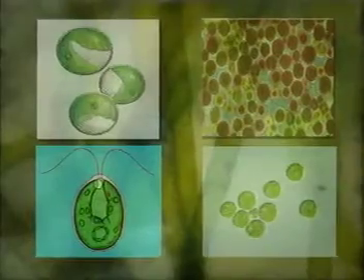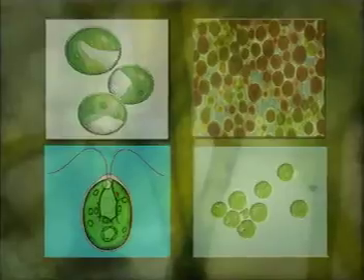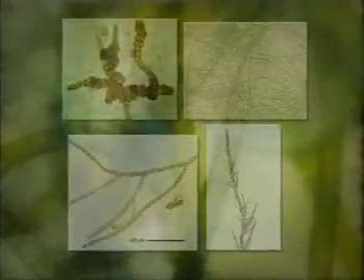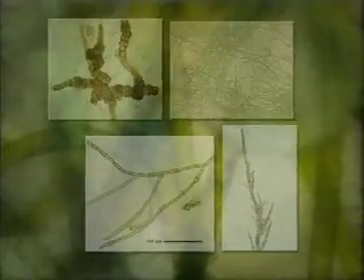Unicellular algae are the most primitive, while heterotrichous algae are the most advanced forms in green algae.